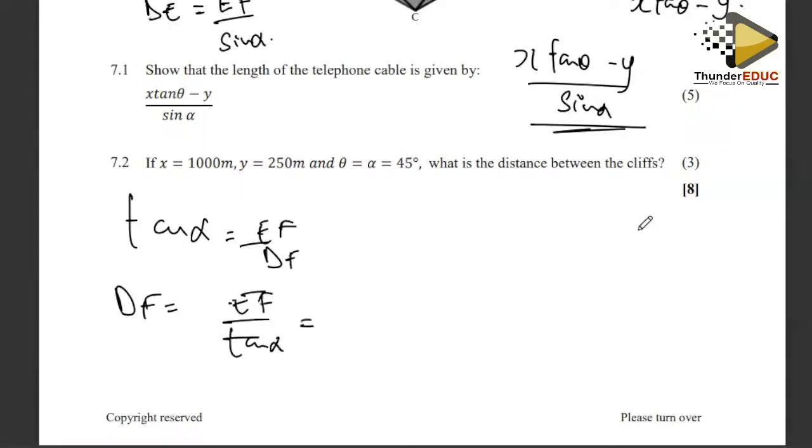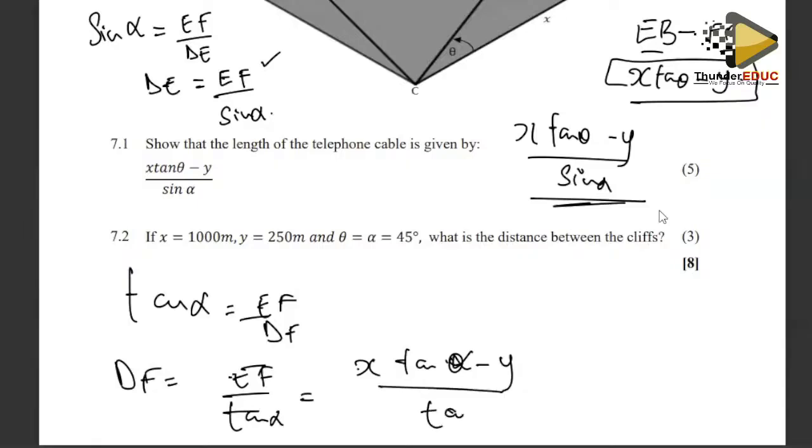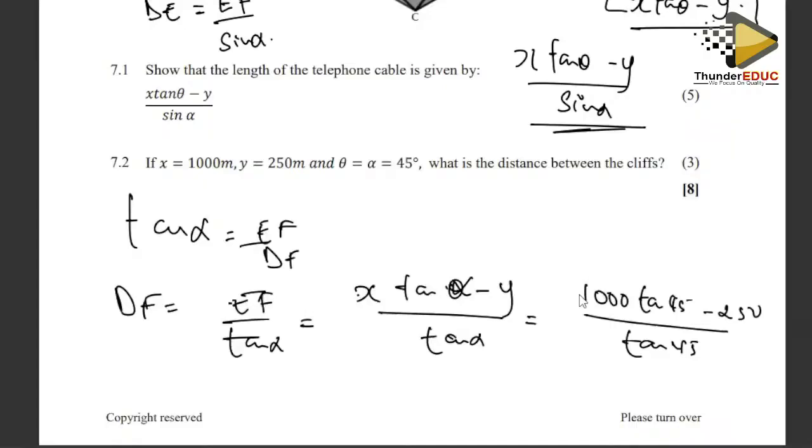And we found our EF to be X tan theta minus Y. We are dividing it by the tan alpha. Let's do the substitution. So 1,000 tan of 45 minus 250 divided by the tan of 45. So this gives me 750 millimeters.